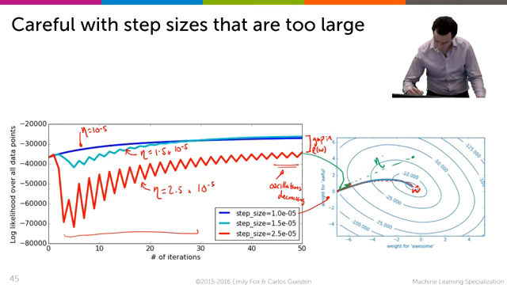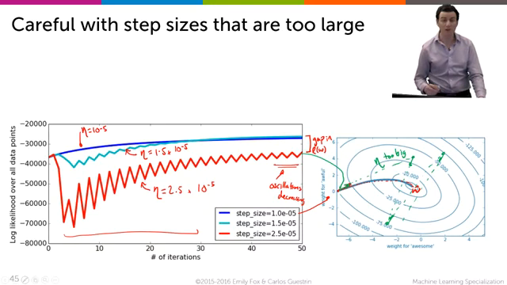So it took an eta that was too big. And now I compute the gradient here, and it's in this direction. And boom! I took a step size that was too big. I ended up over here. And then I compute the gradient and I get something in this direction, and boom, I take a step size that is too big. I end up here and I take a step size that's too big, and so on.